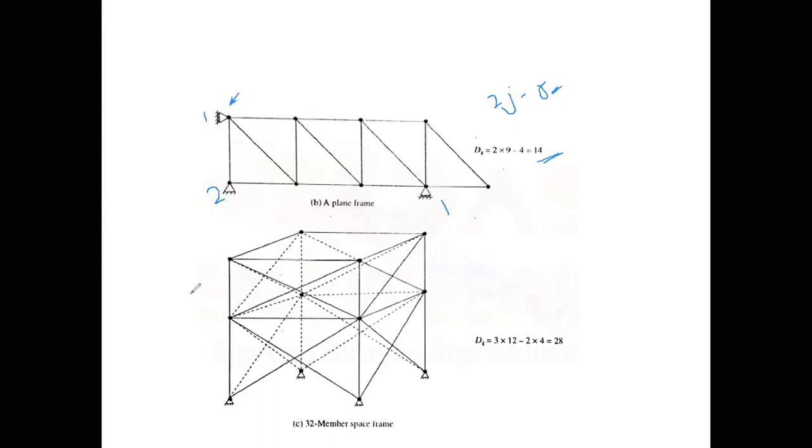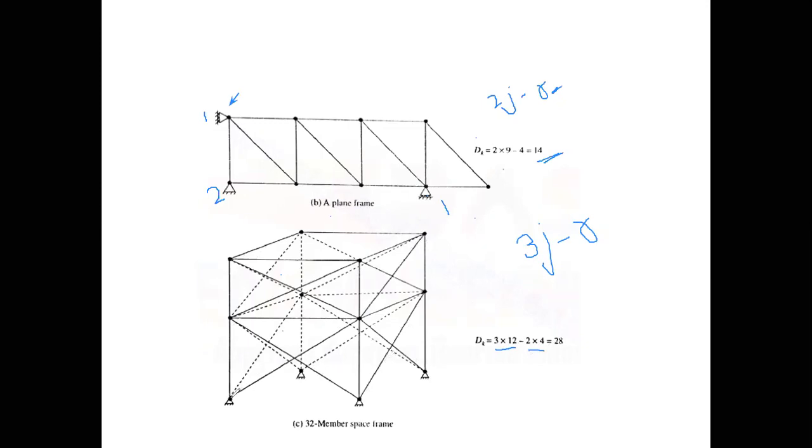Now this is an example of a space truss. Again here the equation is not 2j minus r, it will be 3j minus r, because it is a space frame. The number of joints here are 1, 2, 3, 4, 5, 6, 7, 8, 9, 10, 11, 12. So it is 3 multiplied by 12 joints minus r.